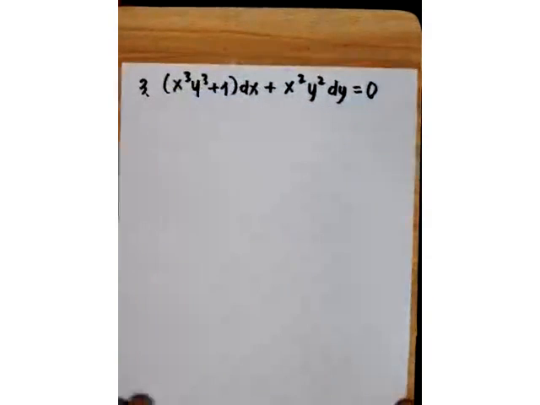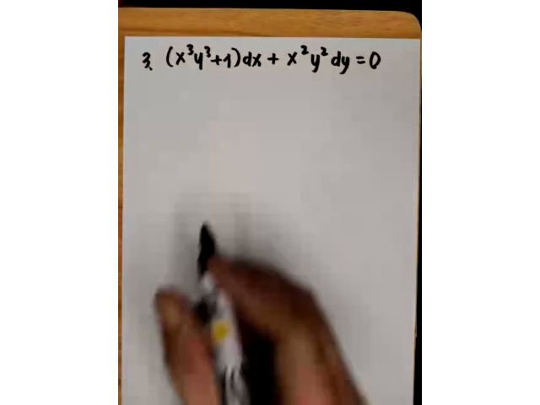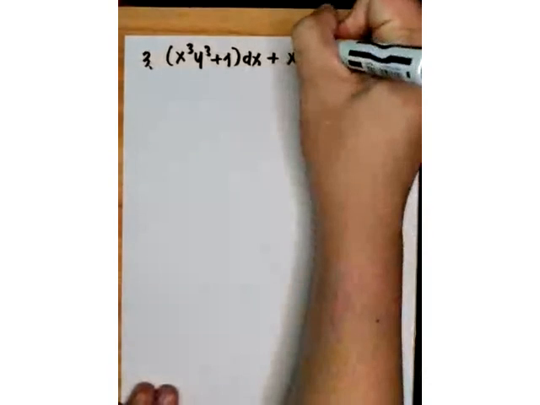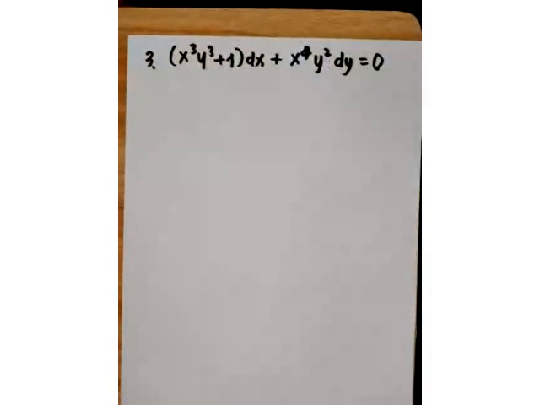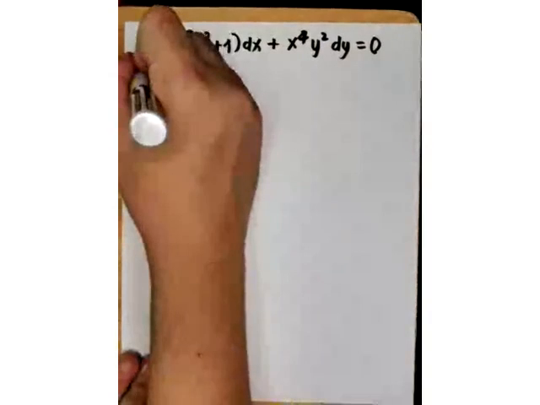Ayan. Okay, so we're given x cubed y cubed plus 1 dx plus, ay, mali, x to the fourth y squared dy. Okay, so let's test for exactness.